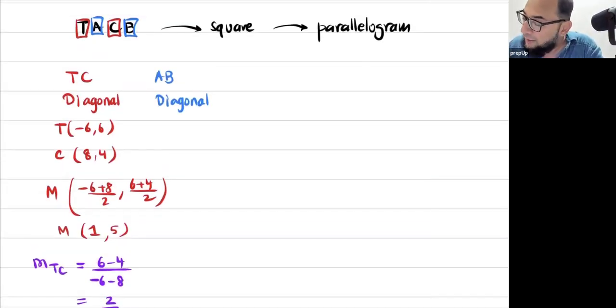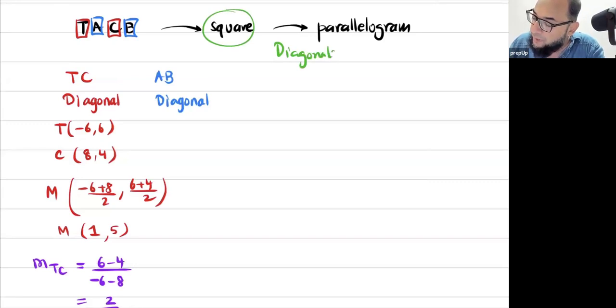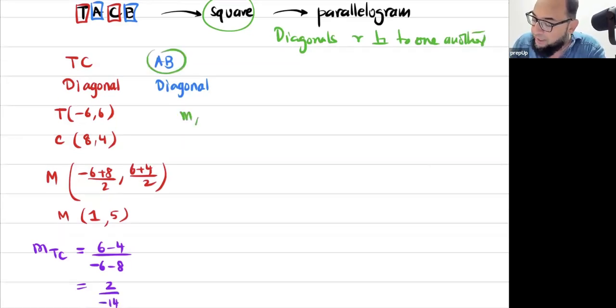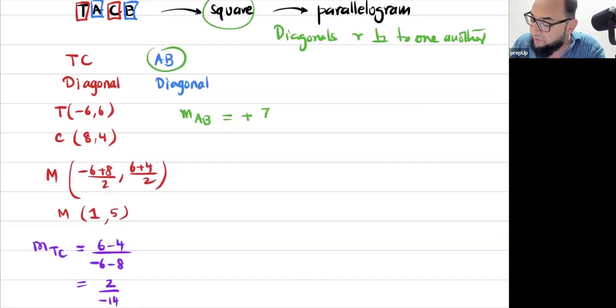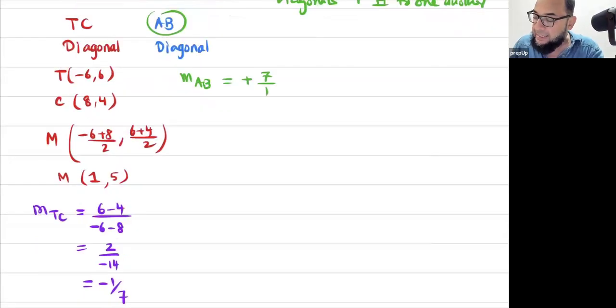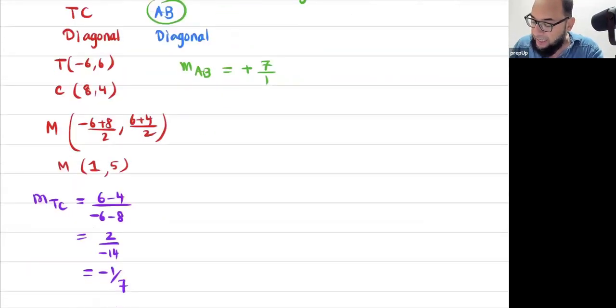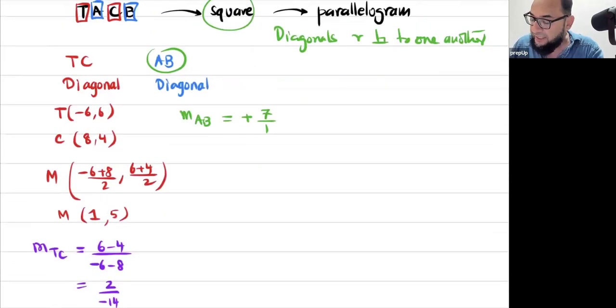Now we know that it's a square and the diagonals are perpendicular to one another. So now this property creeps in very slowly. Therefore, gradient of AB comes out to be positive 7 over 1. We have the gradient of AB.